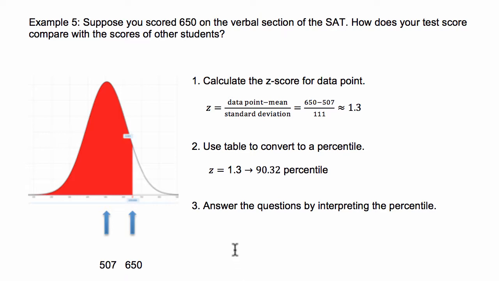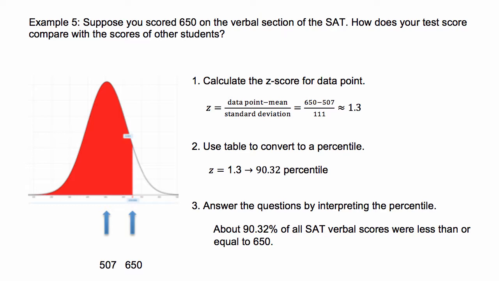Our next step is answering the question above by interpreting our percentile. Recall, the question above states, how does your test score compare with the scores of other students? Notice that since you scored in the 90.32 percentile, about 90.32% of all scores are less than or equal to your score of 650.